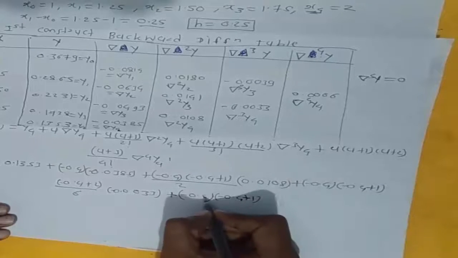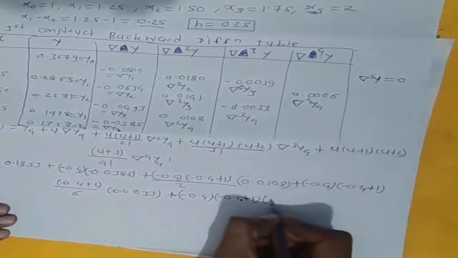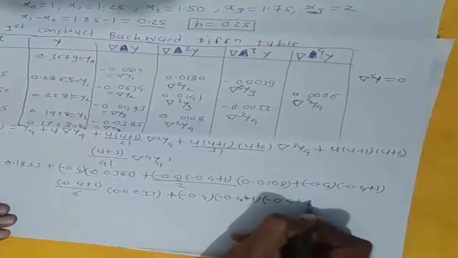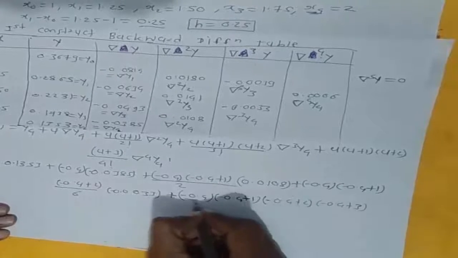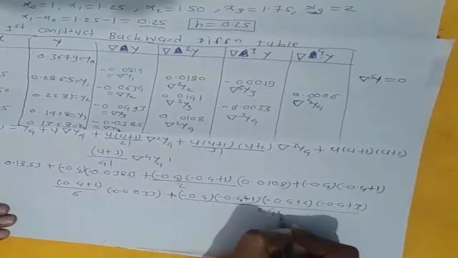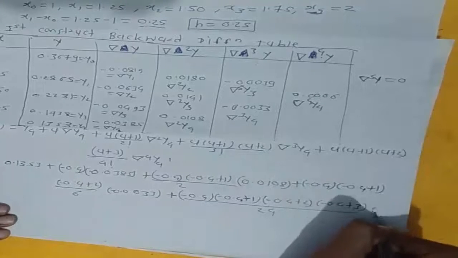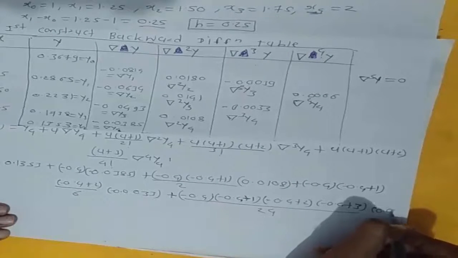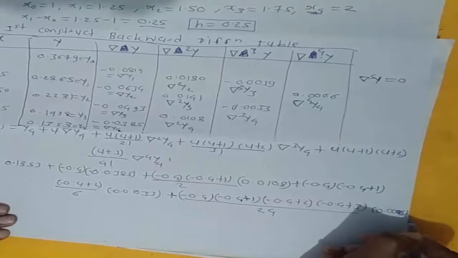And the last term: minus 0.4 into minus 0.4 plus 1 into minus 0.4 plus 2 into minus 0.4 plus 3 divided by 4 factorial, that is 24, into del raised to 4 y4, which is 0.0006.